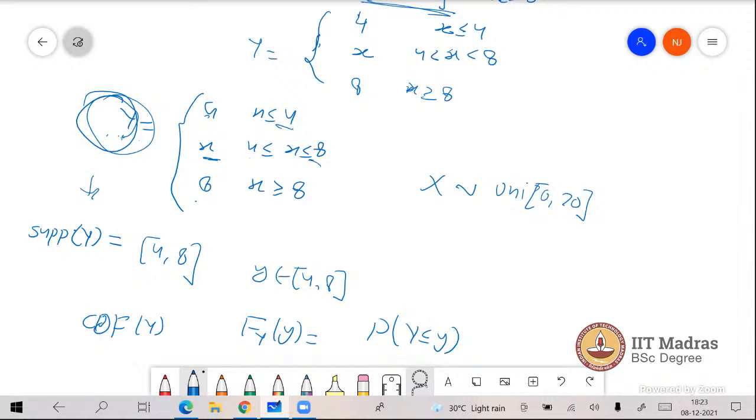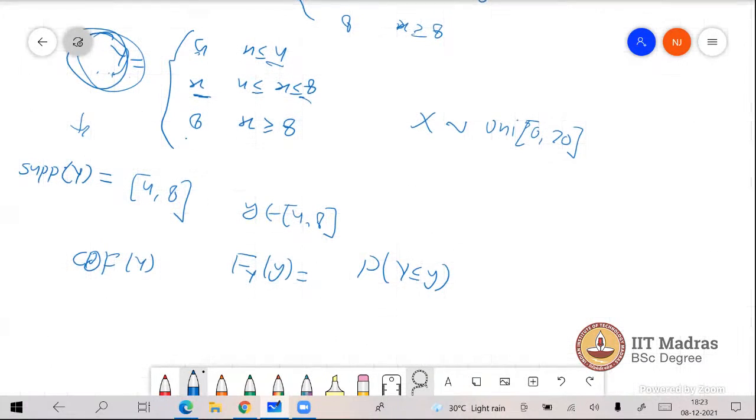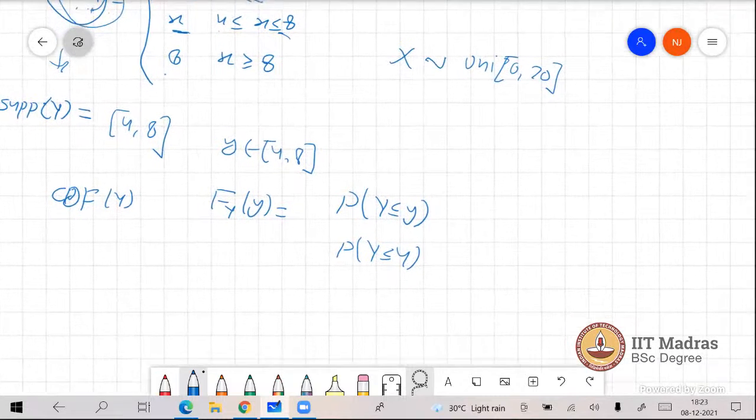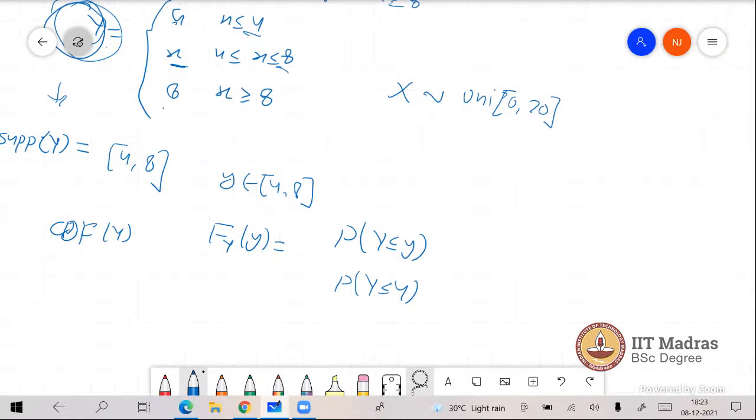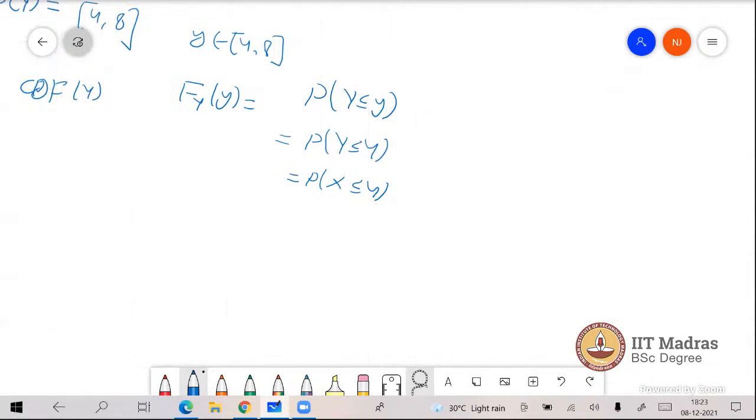So check these values. What is the probability of Y less than or equal to 4? Y takes a value less than or equal to 4 whenever x takes a value less than or equal to 4. And what is this probability?